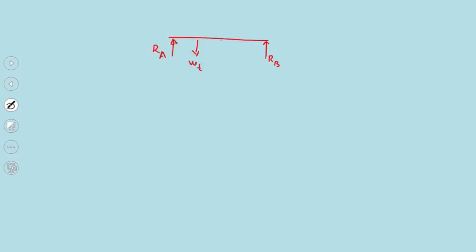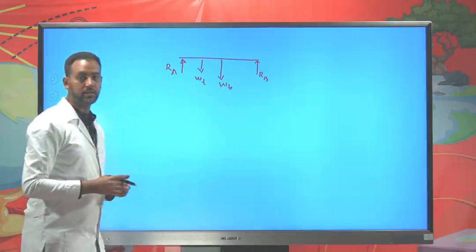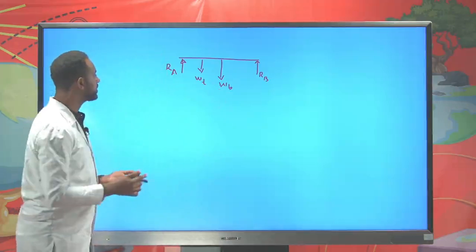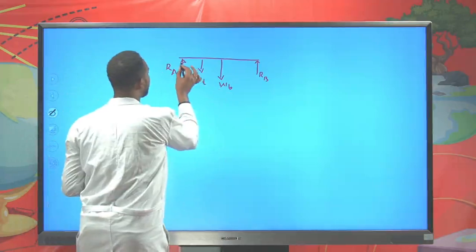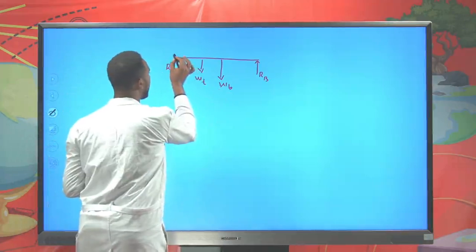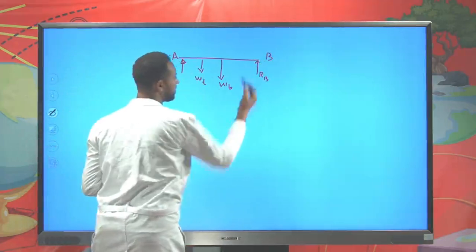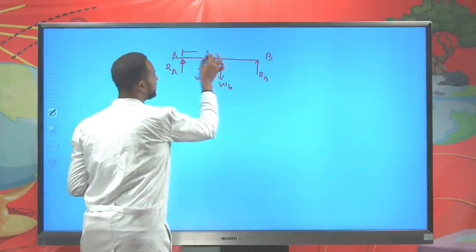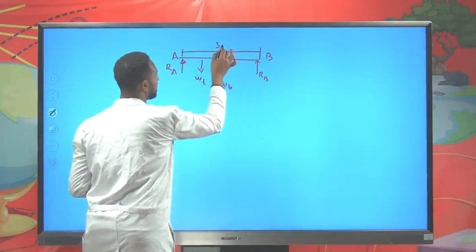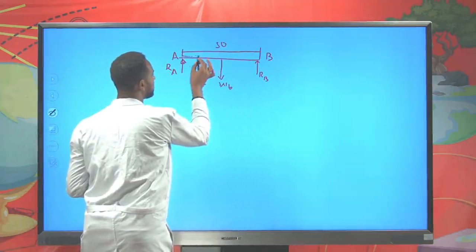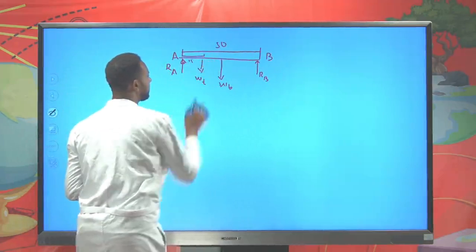And exactly at the center, we have the weight of the bridge, which is 800 kilonewton. Now the question is, find the reaction force at support A and support B. The total length is 50 meter, and from this to this is 15 meter.